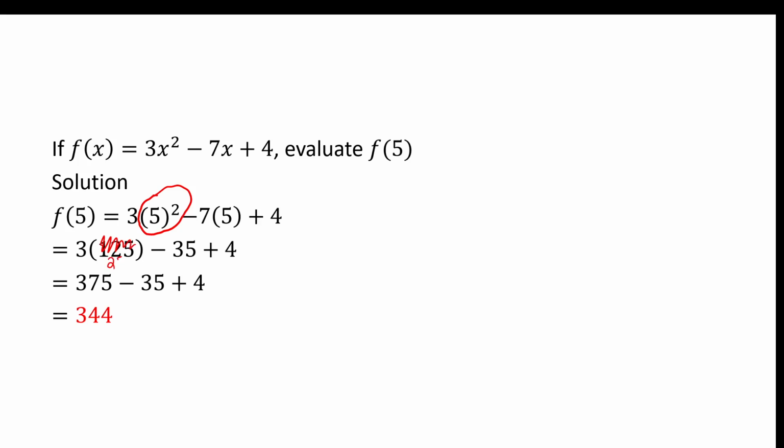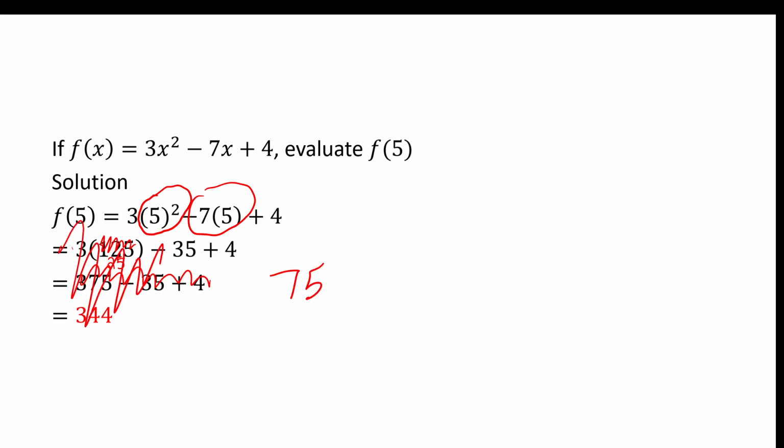Little mistake here. And then minus 35 plus 4. I made a little typo here. 3 times 25 would be 75.